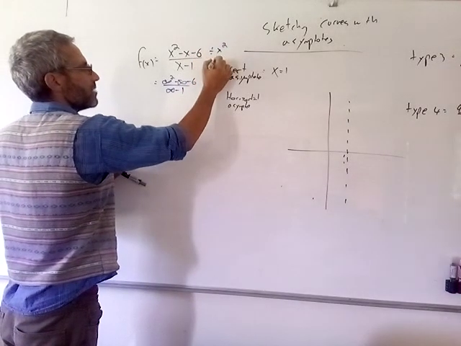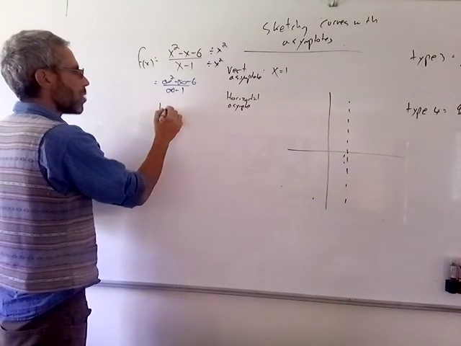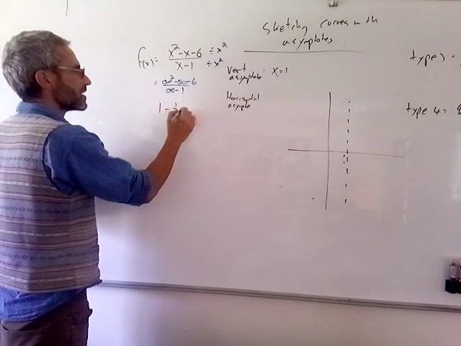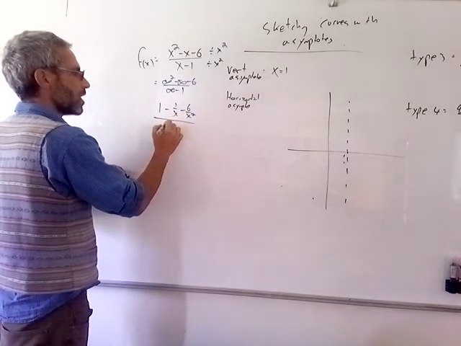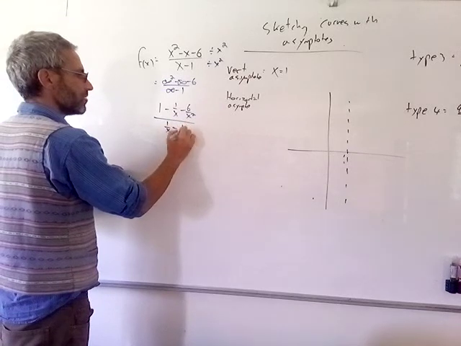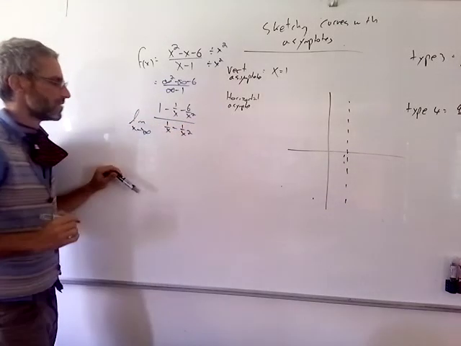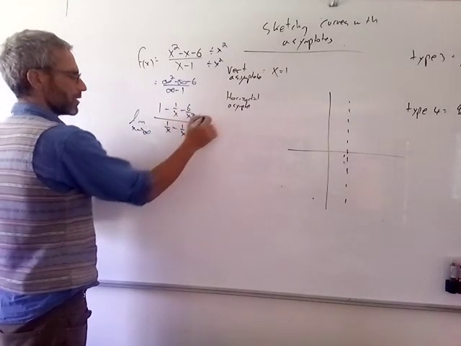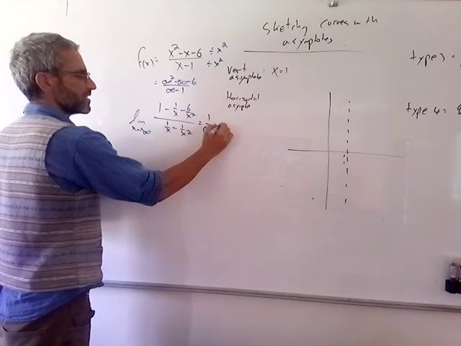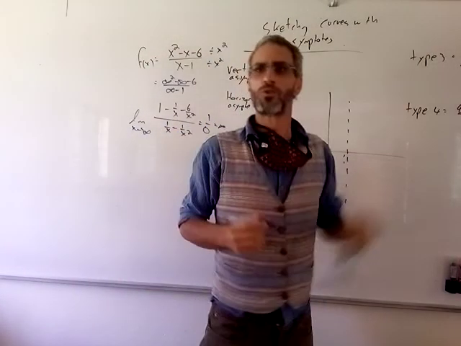We always divide by the highest power. So it's going to be 1 minus 1 over x minus 6 over x squared, divided by 1 over x minus 1 over x squared. We're looking at the limit where x approaches infinity. All these terms become 0, so we get 1 over 0, which is infinity. In other words, as x approaches infinity, f goes to infinity.